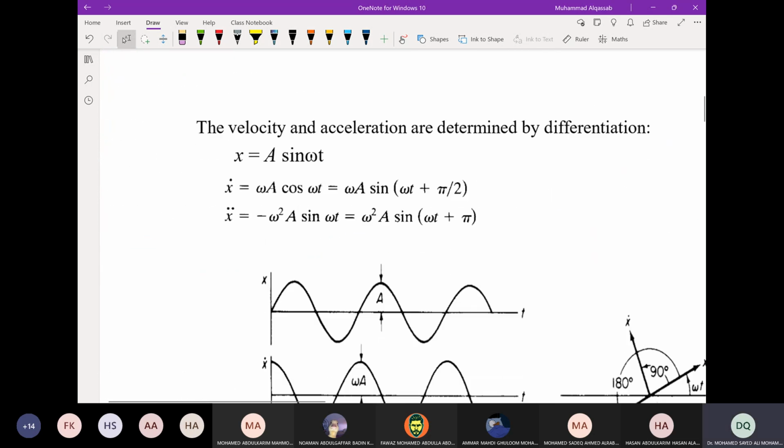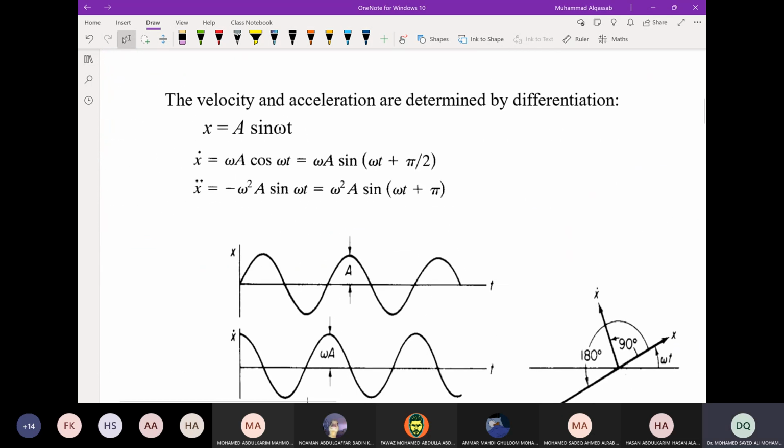So we can find the velocity of the mass. This is also one of the important quantities: velocity, acceleration, and displacement, right? So you can find the velocity of the mass by differentiating x. So x dot is dx by dt, that's the meaning of x dot.